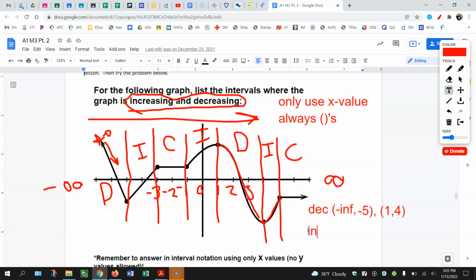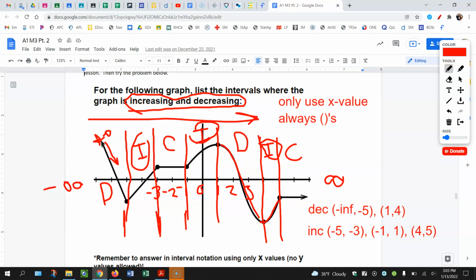All right, increasing, there are 3 different intervals. It's increasing from -5 to -3, from -1 to 1, and from 4 to 5. I'm just using the x values.